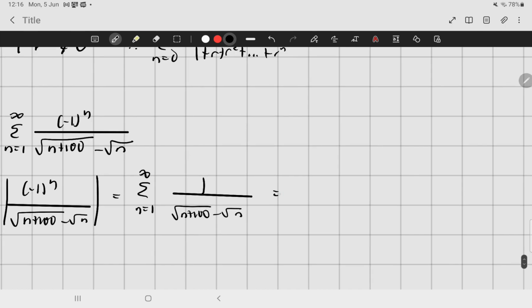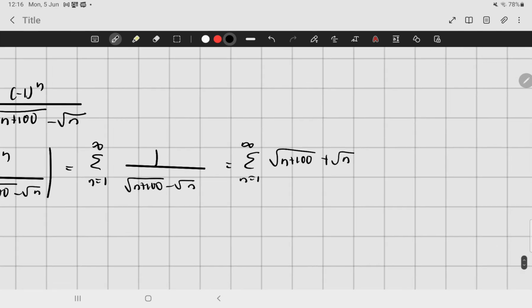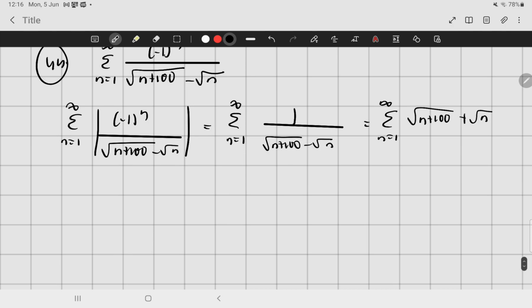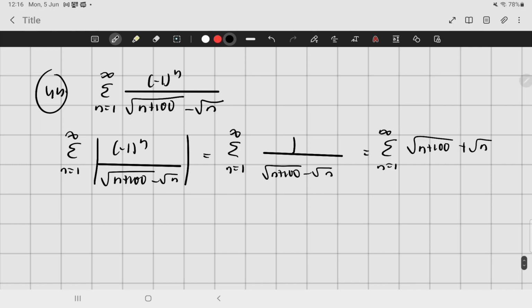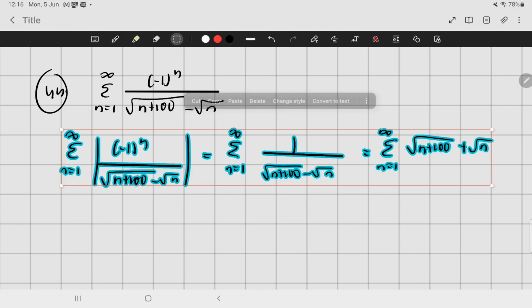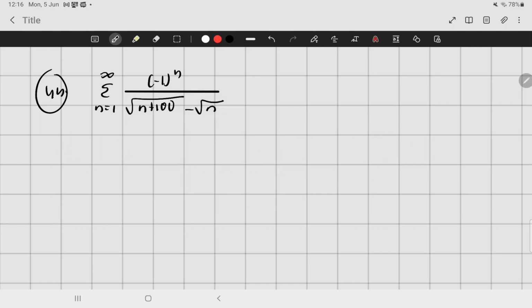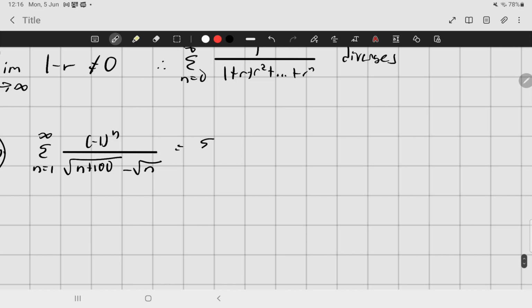Now taking the conjugate, we can express it as square root of n plus 100 plus square root of n. And remember, by using the n-th term test, oh yeah, you can use the n-th term test. So by using the n-th term test, we can get the following.